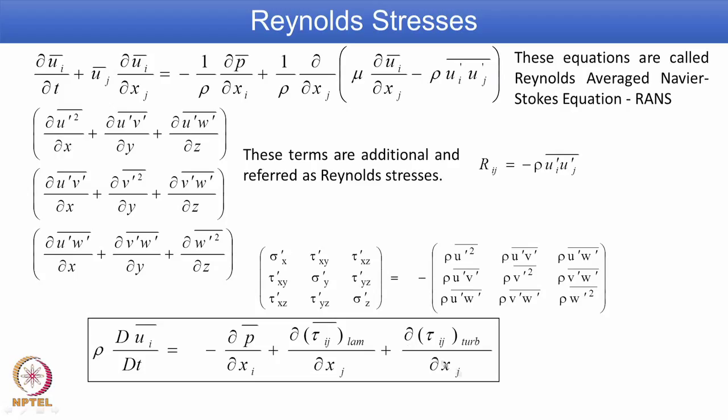So, we have dou by dou xj of tau ij with a subscript turbulent. So, what it means is the equation looks similar; if you put the laminar stress part and turbulent stress part together, there is only the addition of the turbulent stress part.